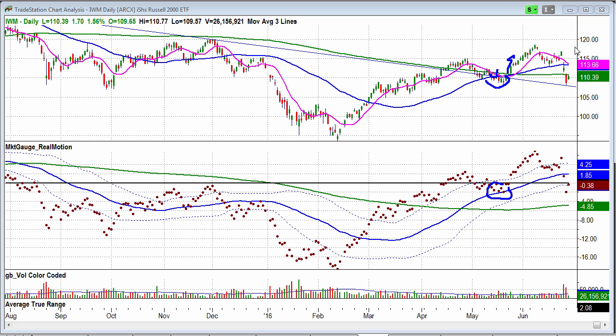Now, when the market gets shocked with a news event like this, you can't expect that it's going to know what happens before the news event. But now after the news event, we can see that IWM was pulled back down to under its 200, but the momentum, or real motion, has not broken its 200. Now we do have to give it a little bit of time.